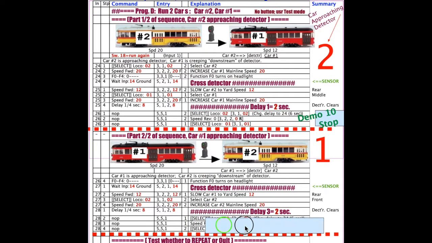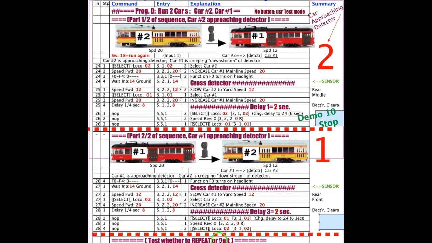And then again, likewise down here, we uncover these commands. It's the same thing. We select loco 1, which is creeping, but we bring it to a complete stop, and we select loco 2. So if we repeat and go up here, we're ready to work with loco 2. And then we've got the same test to repeat or quit and shut down as we had before.